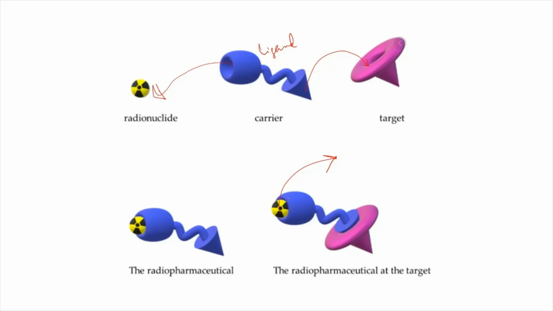If the radionuclide decays by alpha decay or beta decay, we use it for therapy. If it decays by gamma decay, we use it for imaging. These are examples of conjugated radiopharmaceuticals.